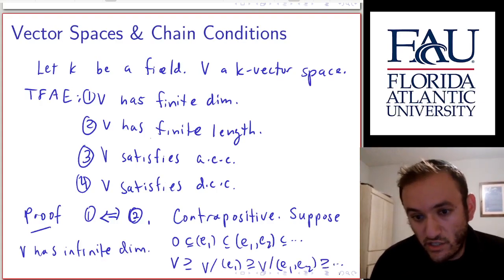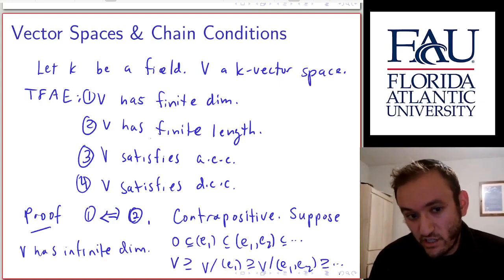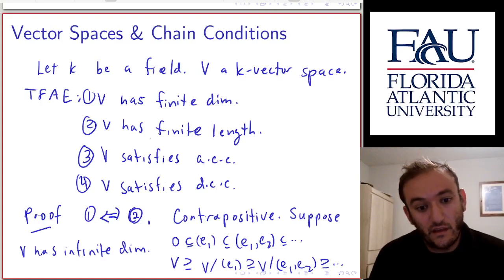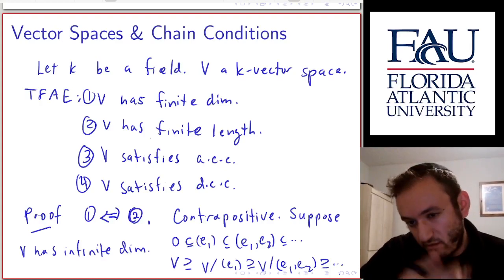And neither of these are stationary in that case. So that proves that either the ascending chain condition or the descending chain condition implies that V has finite dimension. Okay, and the other way is trivial.